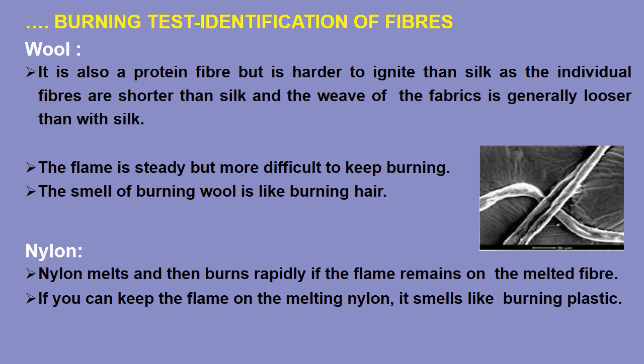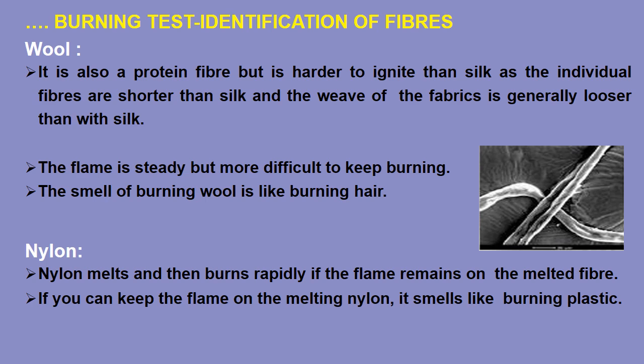Now we will see the burning behavior in the case of wool, and that is how we can identify the fibers. Later I am going to have a direct comparison between different kinds of fibers. Wool is also a protein fiber. As I told earlier, it is basically modified protein, mostly keratin.